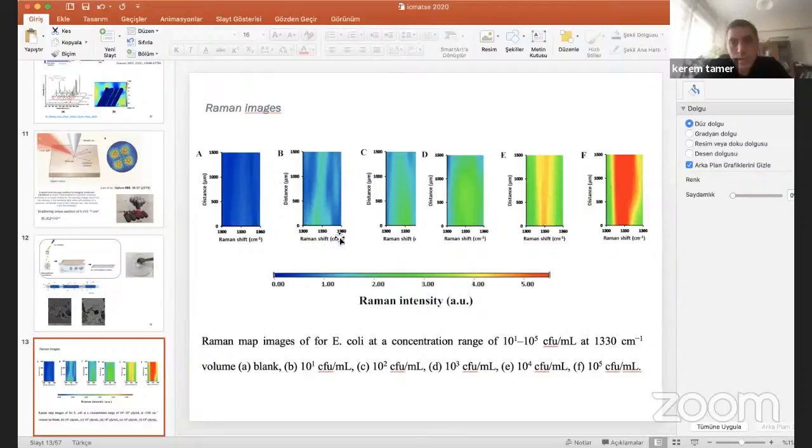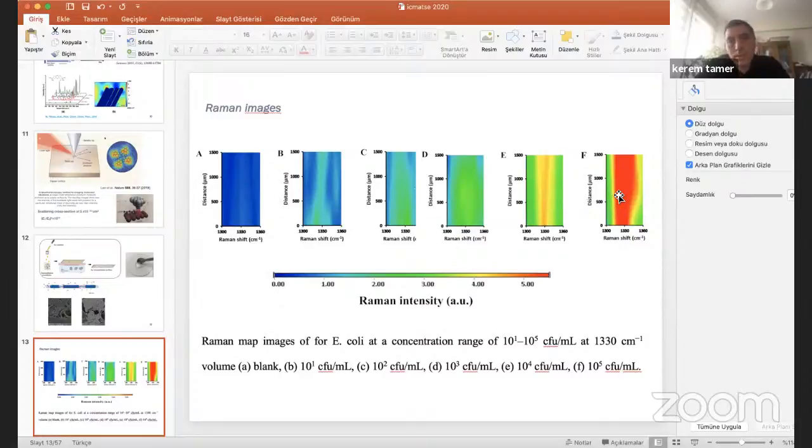Actually, you see some Raman map images of E. coli at different concentrations. Actually, the first one is a very low concentration, actually A is blank. With the increase of bacteria concentration, as you see, Raman signal intensity is increasing.